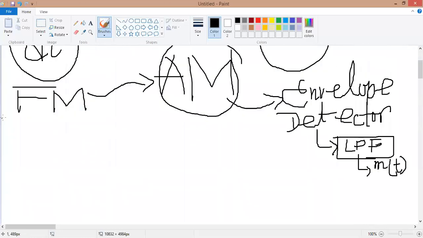So this is the main fundamental thing about demodulation of FM.